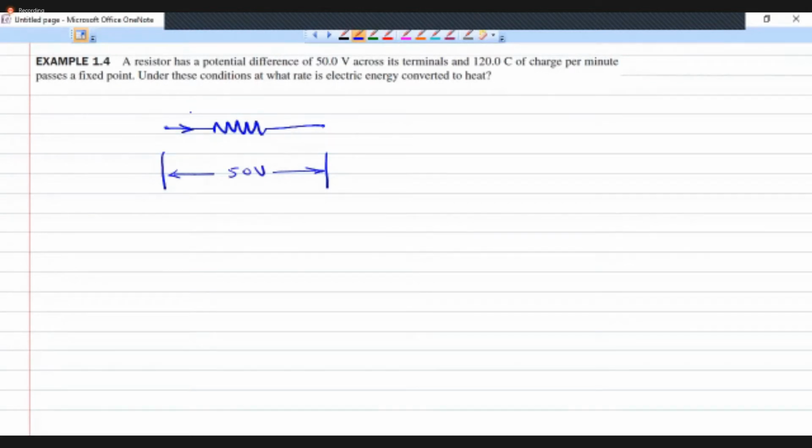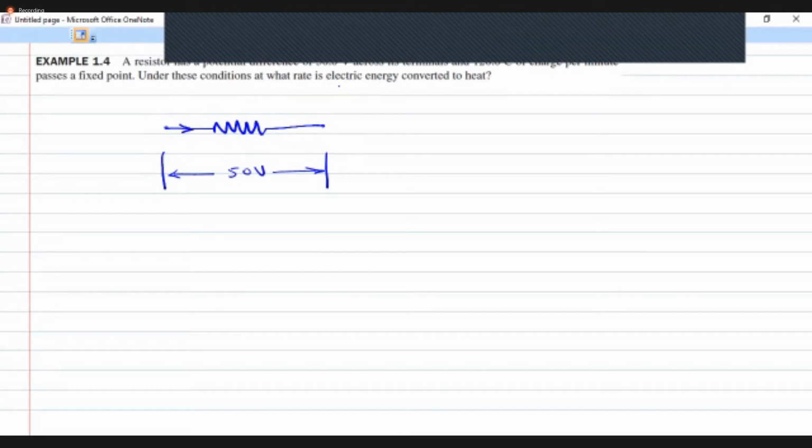So what is the current? 2 ampere. Yeah, 2 ampere current is flowing. And we are asked what is the electric energy converted to heat.